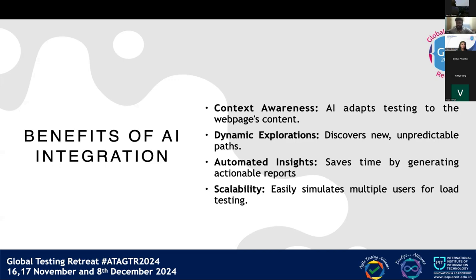And then we have the scalability. The system can simulate multiple users to test performance under load. And then we have the comprehensive insights, where AI-driven analysis provides a detailed report highlighting areas for optimization. This approach transforms testing into a smarter and more efficient process.